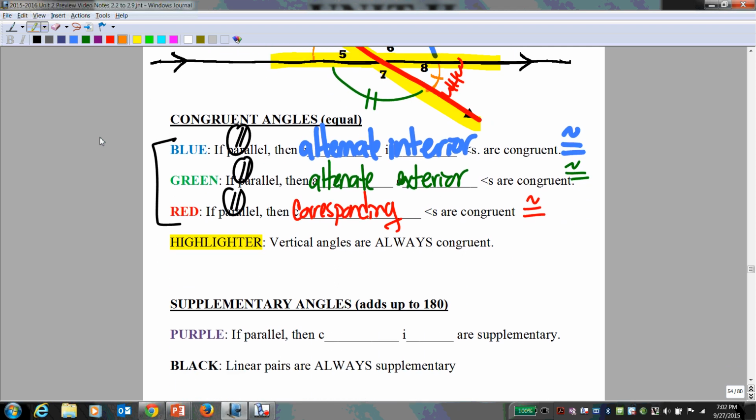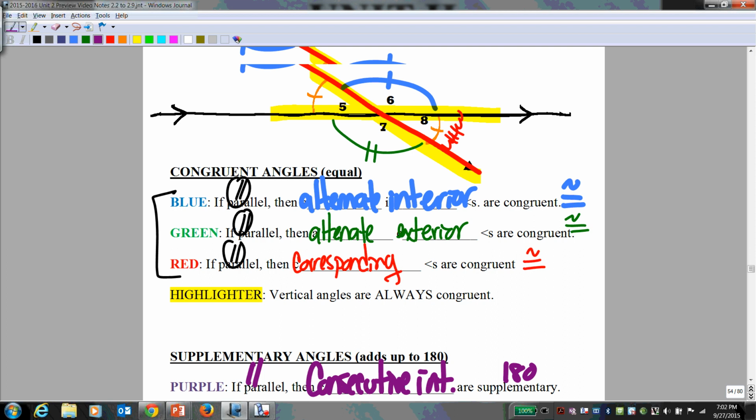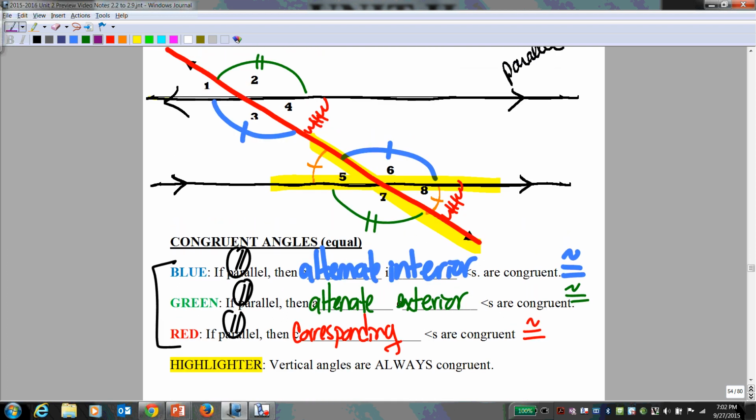Two sets of angles are supplementary, which means they add up to 180. One of them is dependent on parallel lines. So if you have parallel lines, consecutive interior angles are supplementary, which means they add up to 180. What are consecutive interior? That's the same side interior.